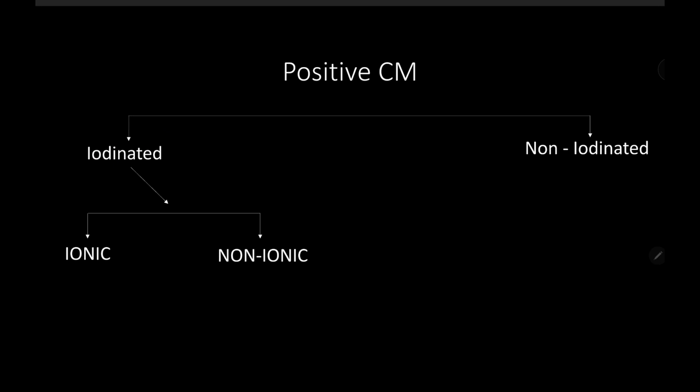Positive contrast media can be divided, based on whether it has iodine or not, into iodinated and non-iodinated contrast. Well, historically, if you talk about a brief history, interestingly, air was the first recognized contrast agent, which was used in radiographic examination of the chest.